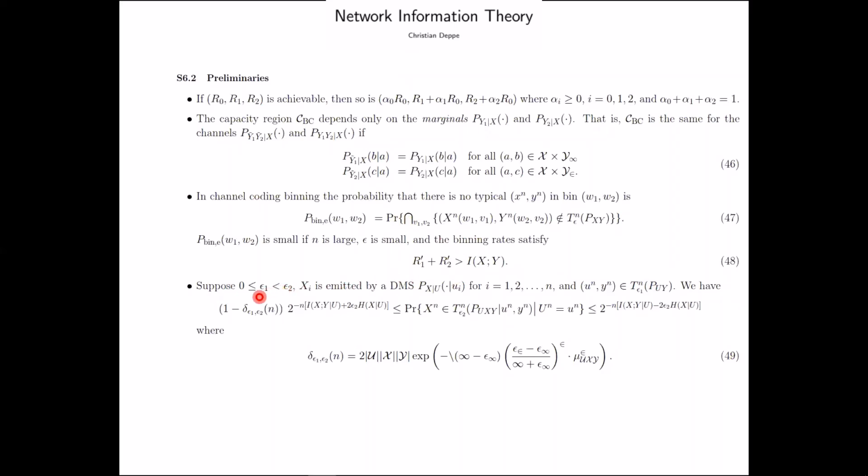The fourth property is really one property which belongs to our first section. It's somehow about typical sequences. So we assume that X_i is emitted by a discrete memoryless source, p(x|u), and u^n is typical concerning the joint distribution of u and y.